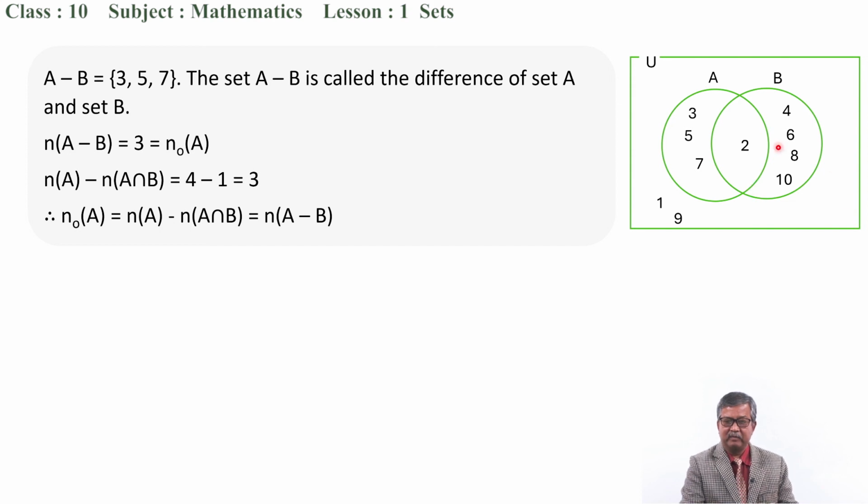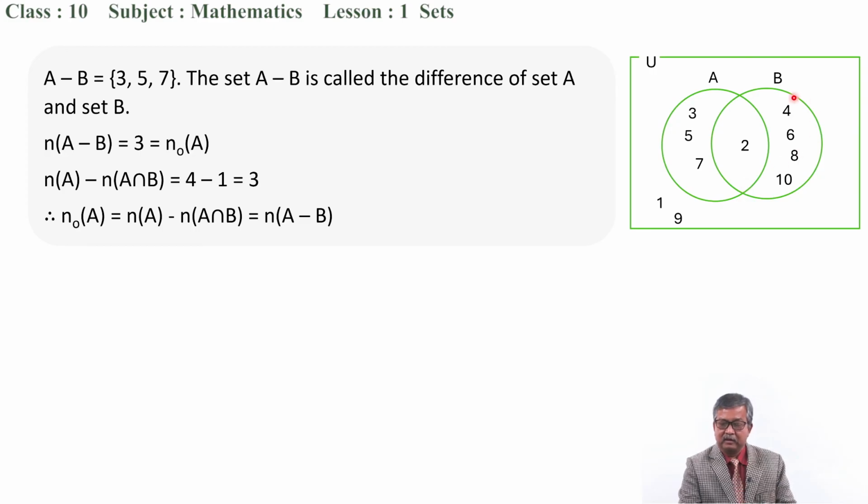And how many elements? 4 elements, isn't it? And this is only in B. That's why it is called the cardinality. So what is the cardinality of set B only? 4, so we say n(B only) is equal to 4. Right?